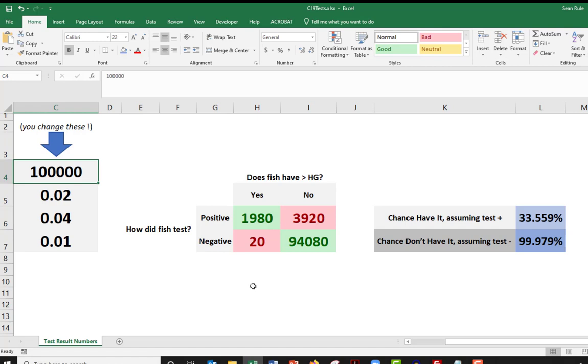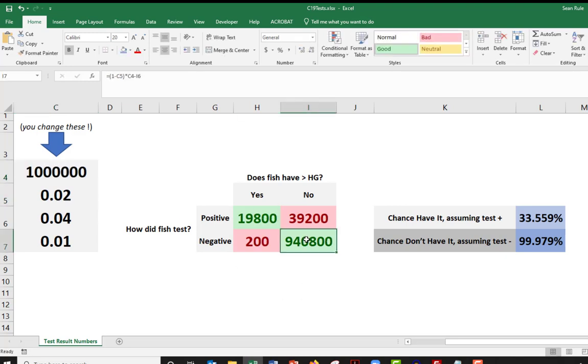This number up here is irrelevant. You could use 10,000 as a base. You could use 1,000,000 as a base. It doesn't matter because this is all based on ratios. I mean, yeah, the raw numbers are changing, but the ratios are not over here. But these three parameters control everything. And that's what's so interesting about this is called Bayesian analysis. It's so cool to be able to get in and actually mess around with the assumptions.